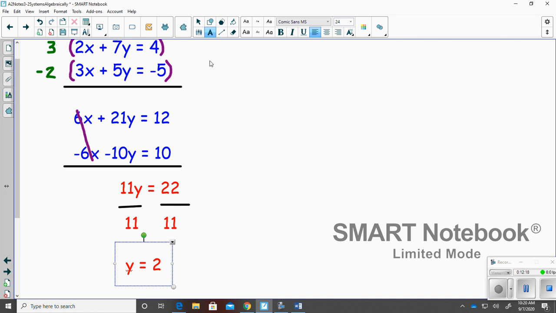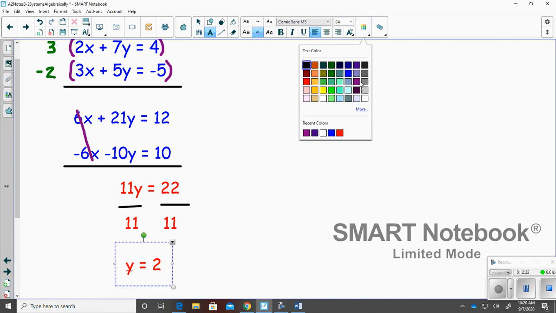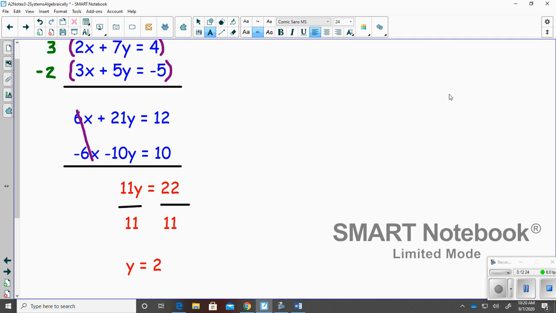Now that I found the y value for the variable, I know this is also a system where it intersects, and so I'm expecting an ordered pair answer. But this time I actually found the y value first, so I want to make sure that I put it in the right position. I'm looking for the x right now.